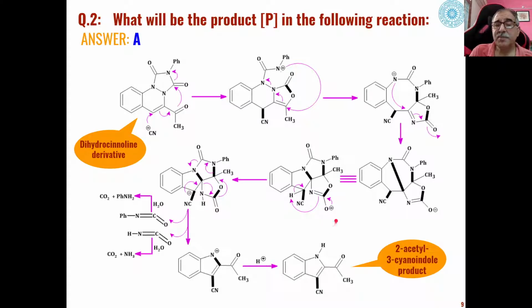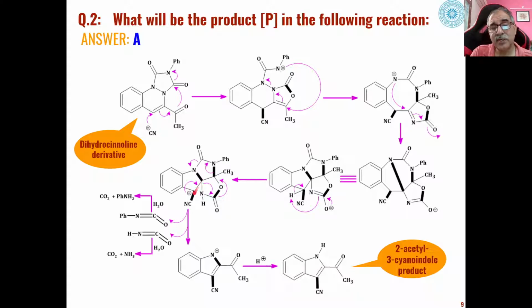Now in the next step, the enolate will regenerate this carbon-oxygen double bond, and this will act as a nucleophile to abstract this proton from here to this nitrogen, and this will generate a carbanion at this carbon. Then this carbanion will undergo reorientation.